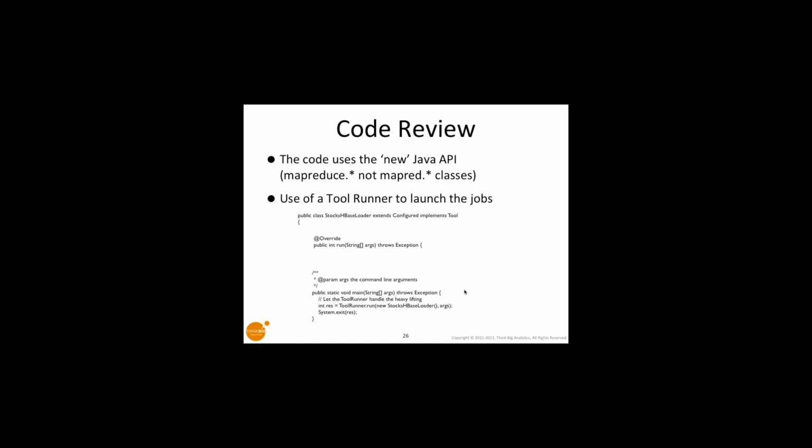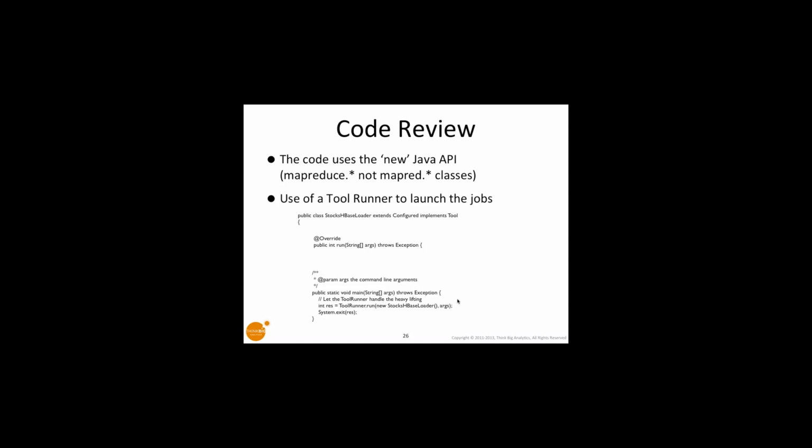So when you get down into your main, it's very, very simple. All we do is take in the arguments passed in on the command line, and we tell the ToolRunner to run this class, passing in the arguments. And then at the end, we just exit.